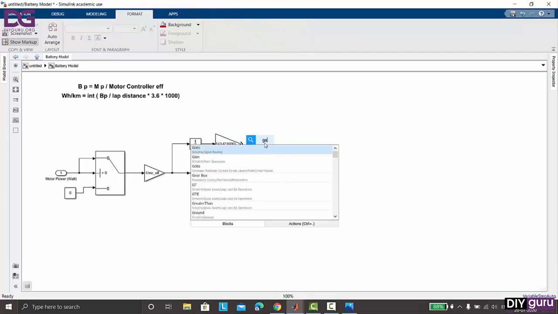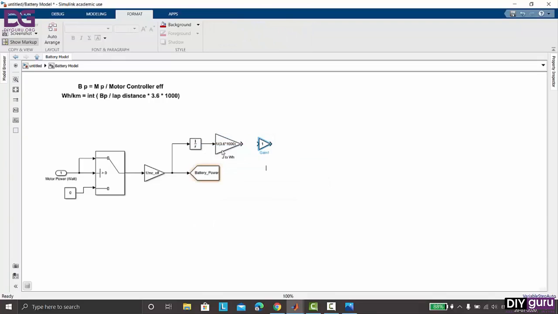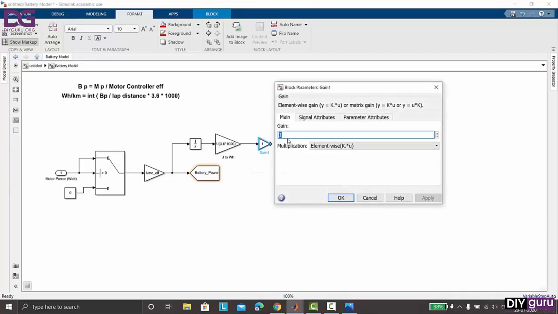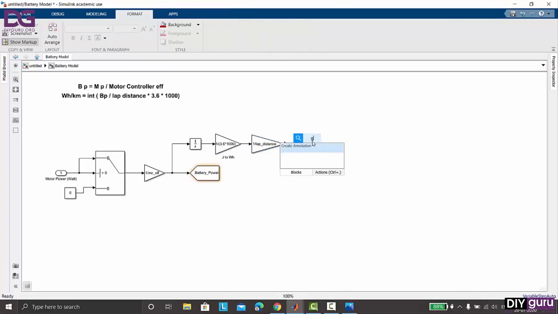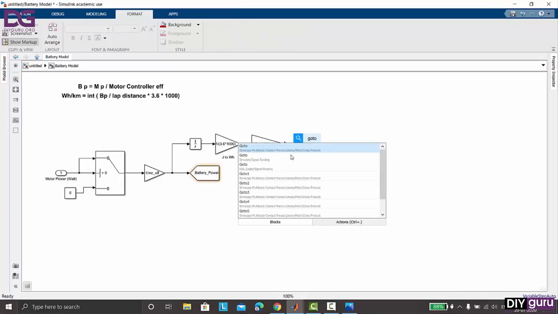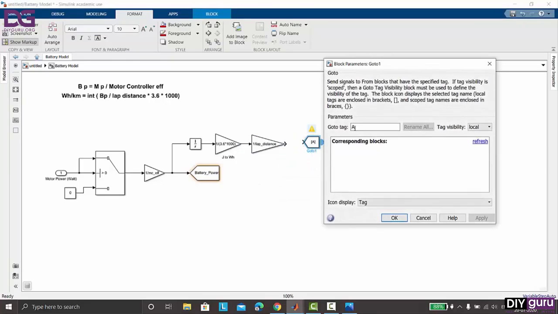And again one gain block to divide by lap distance to get the watt hour per kilometer. Add one go to block, so the output we will get is watt hour per kilometer.